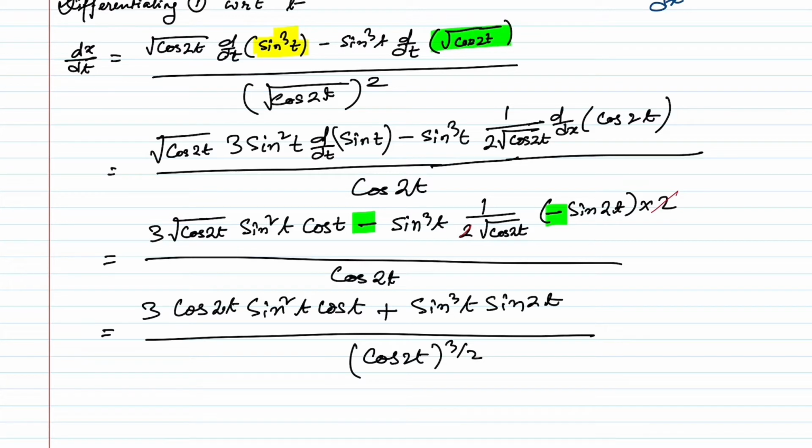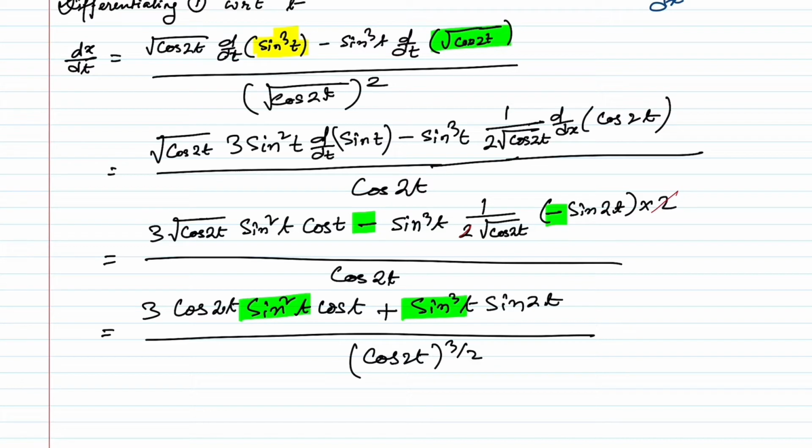So now from here you see in the numerator you can take sine square common, and also cos t.